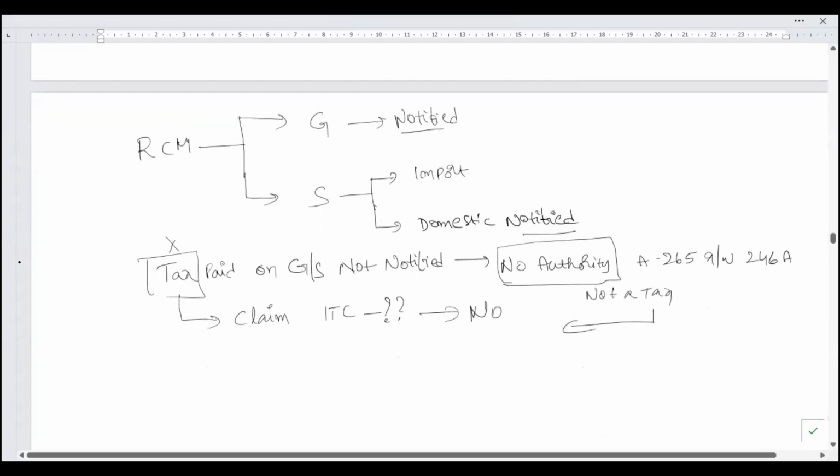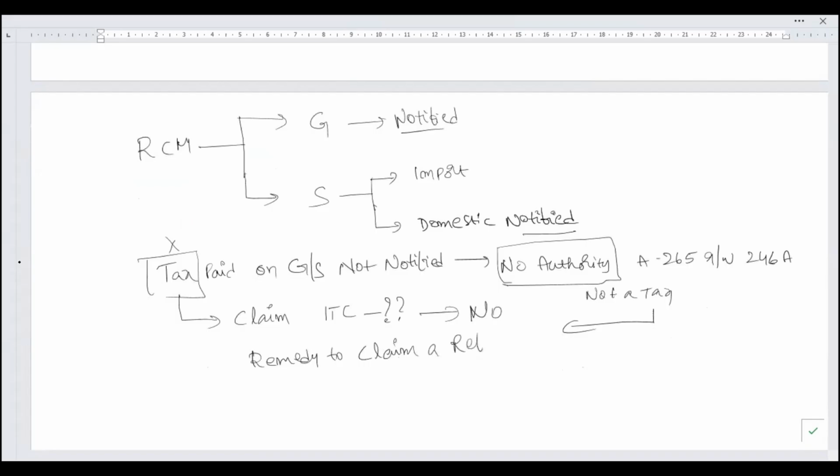So now what is the remedy I have? The remedy is to claim a refund. The question comes, will the GST department give a refund? Easy, I'll claim a refund.